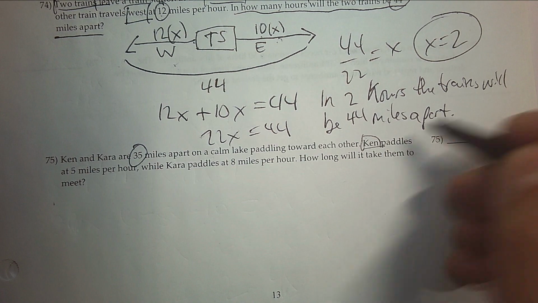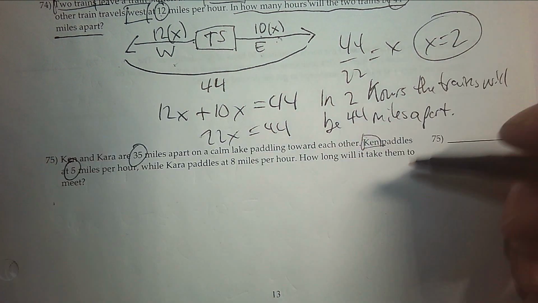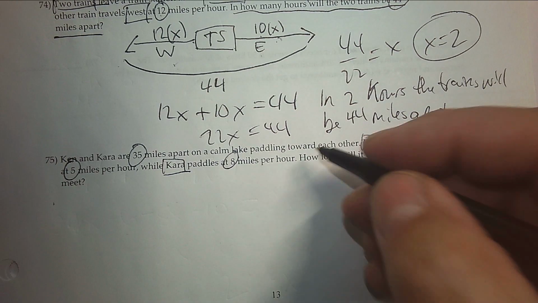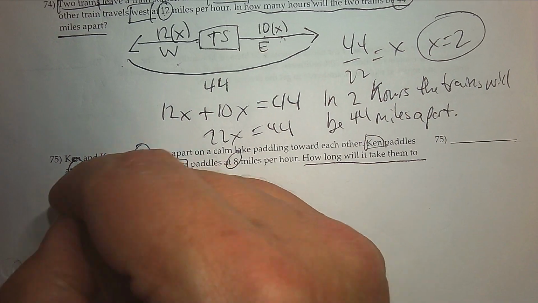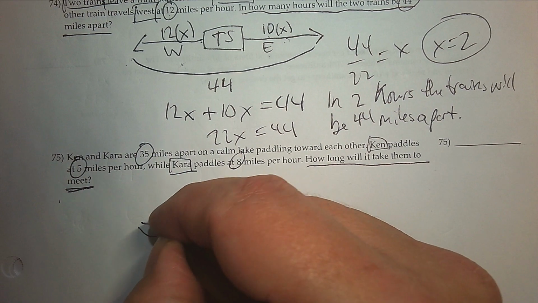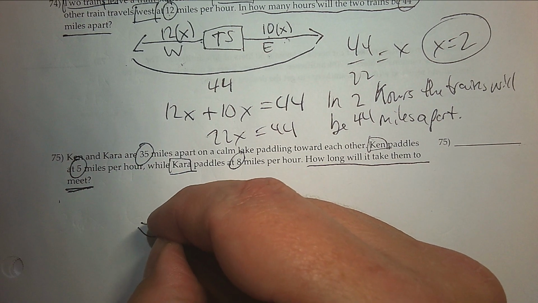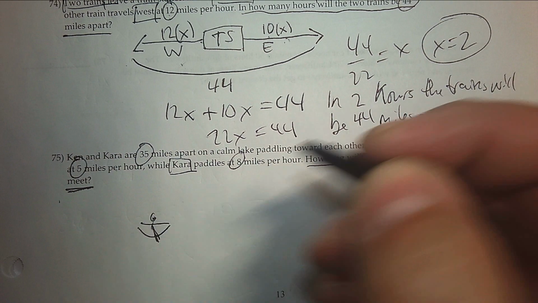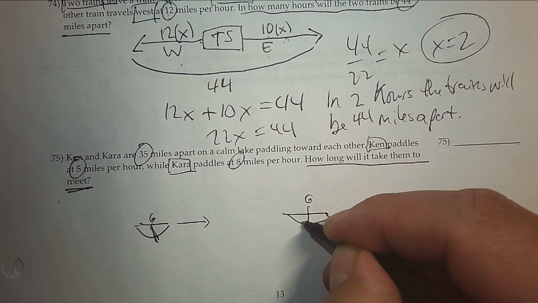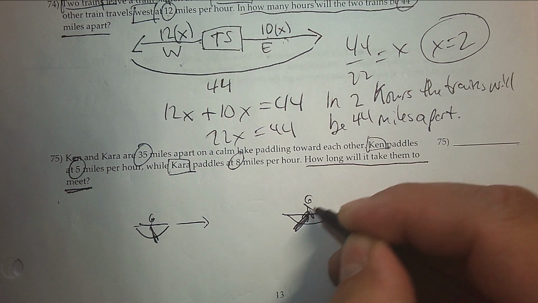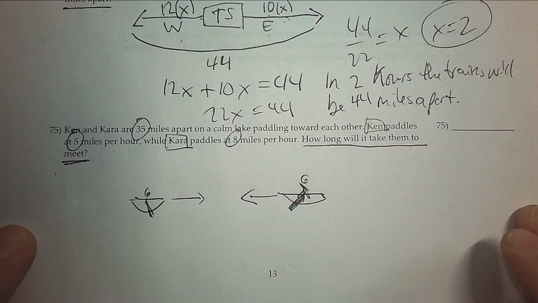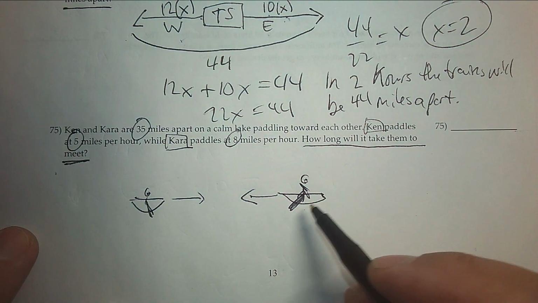Ken paddles at 5 miles per hour. Kara paddles at 8 miles per hour. How long will it take them to meet? So that's Ken and Kara canoeing towards each other.